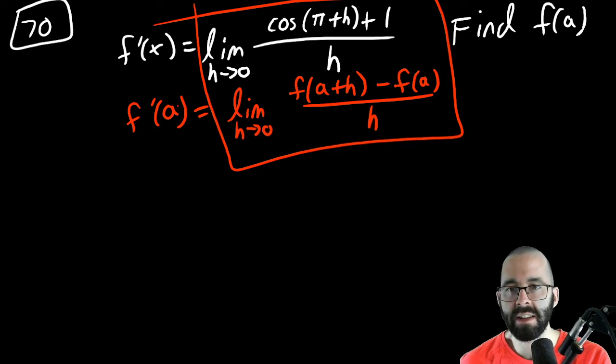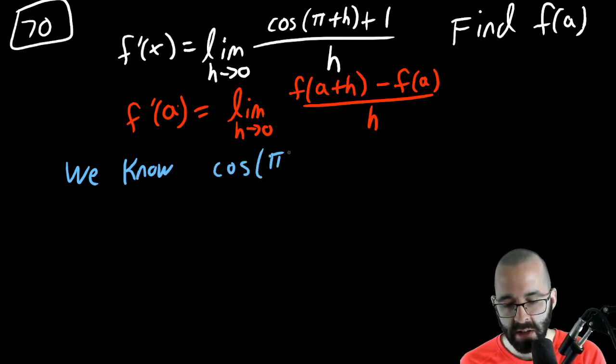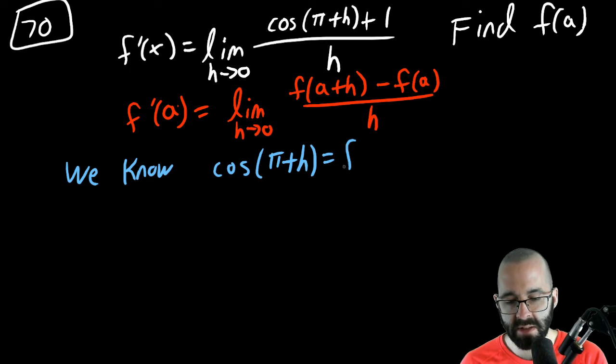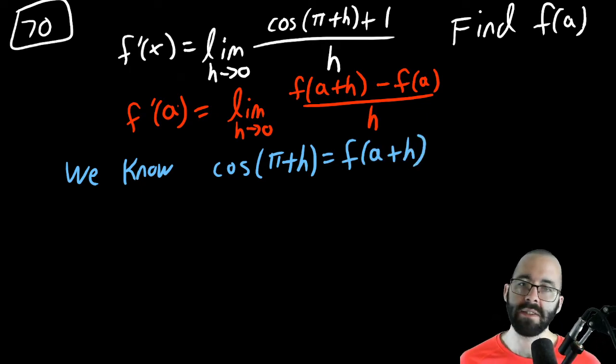So looking at this, there's some pretty close correspondence. Specifically, we know that cosine of pi plus h is equal to f of a plus h. And that tells us almost everything we need to know. That tells us the function, and that tells us a.